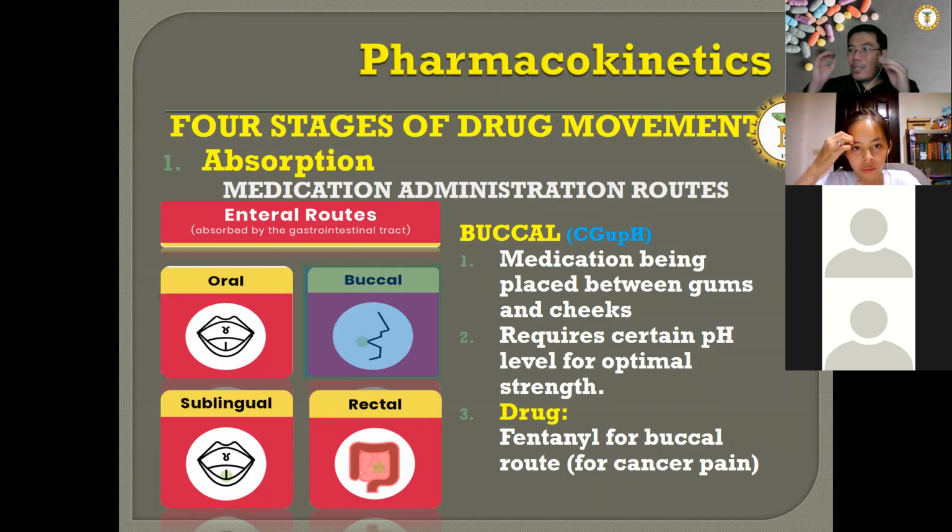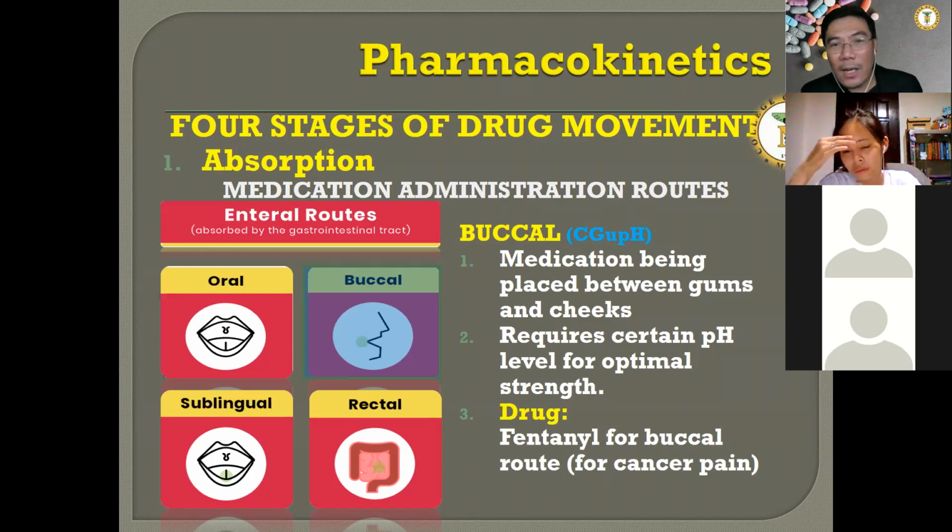So that's why meron ding certain limitation that it may require a certain pH level to have optimum strength of the drug. So yun po yung tatandaan natin, C-group. Ibig sabihin between the cheeks and the gums, pH, it may require a certain level of pH for optimal strength.